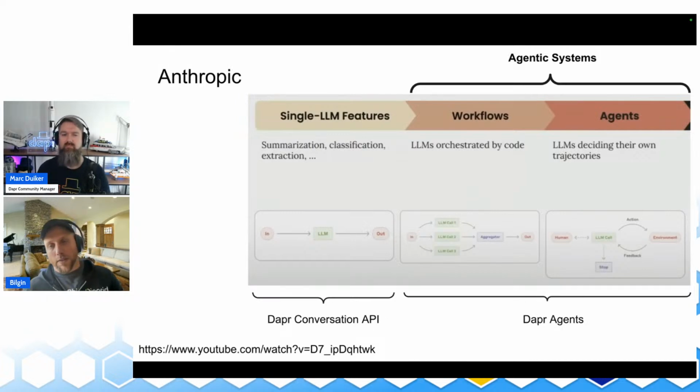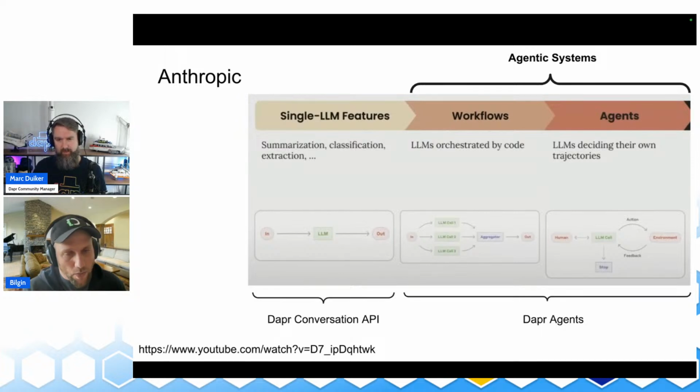And even then further, you may decide to delegate that decision, and the LLM decides what to call and how many times, and that's more towards the agent. And in their definition, these workflows and agents are an agentic system. And down here, you can see that we could kind of map these into some of the capabilities we have in Dapr, right?